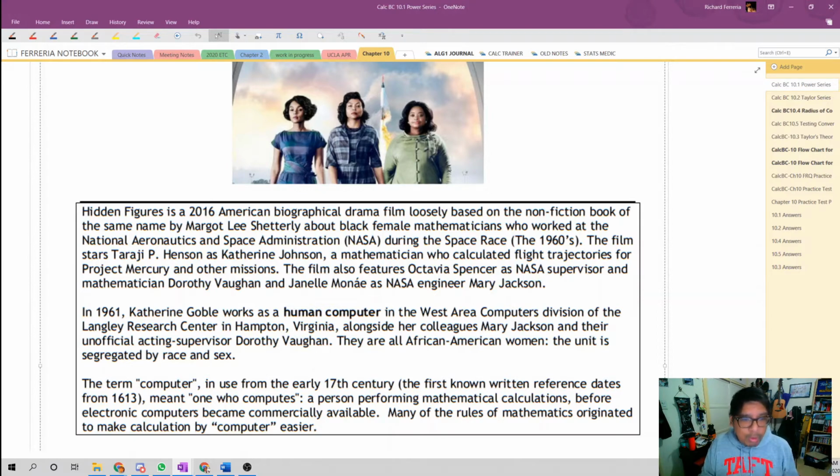Or what is the origin? They made calculation by a computer a lot easier. So we do a lot of these things, like simplify logarithms, because it makes things easier for a person to compute, for a computer to calculate.